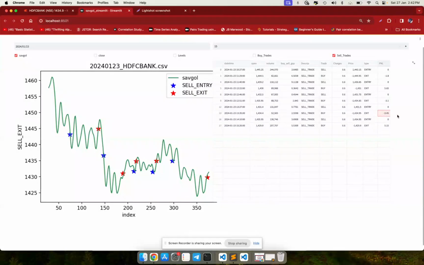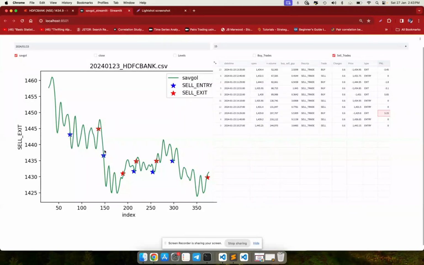There are a number of ways I thought of eliminating them, like filtering the trades by the volume and filtering them by the buy sell gap. The buy sell gap is a feature: when you're entering the trade, what is the difference between the buy and sell levels. Usually for the failed breakouts, the difference between the buy and sell level is very less, whereas for the breakouts that work, the gap is quite huge.